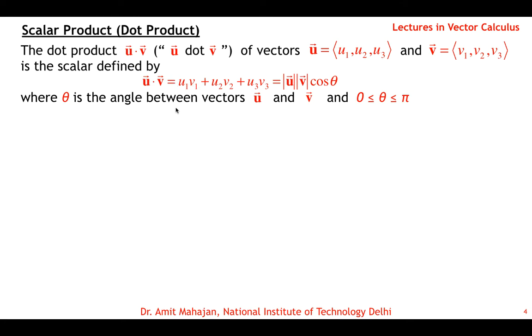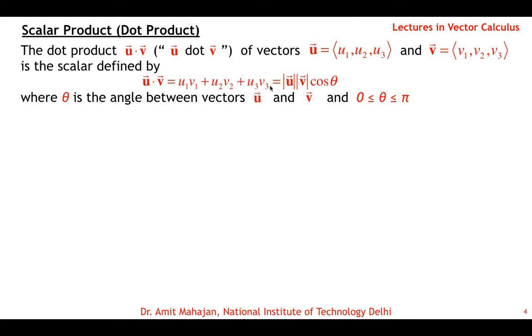This dot product is the scalar defined to be the sum of the products of corresponding components: u1 v1 plus u2 v2 plus u3 v3.